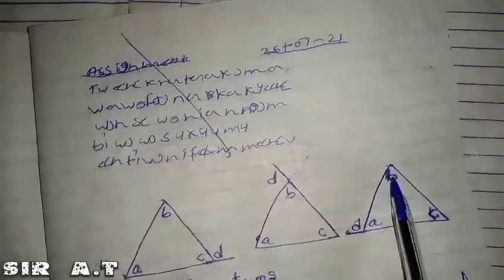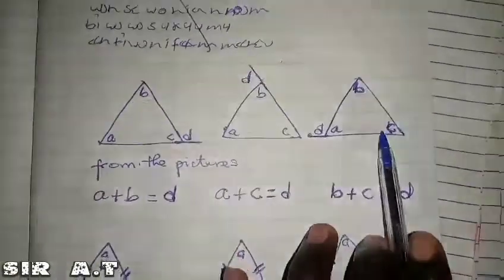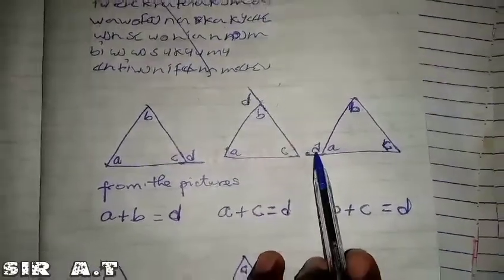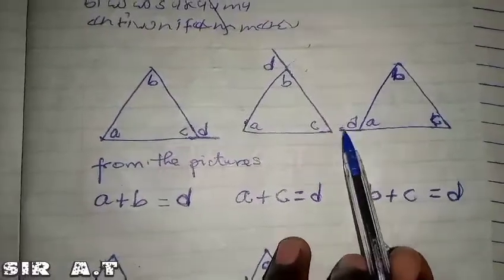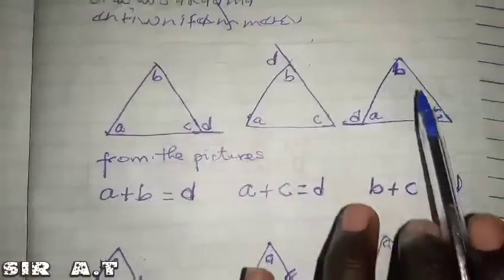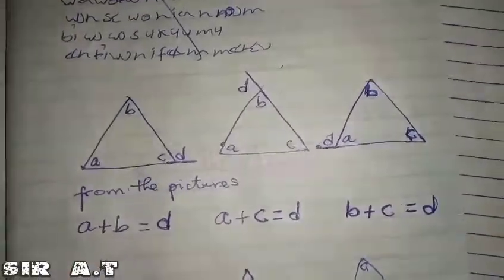And then when you put B and then C together, it should also give you D, that is its opposite exterior angle. So we are saying that the sum of two interior angles is equal to the opposite exterior angle.